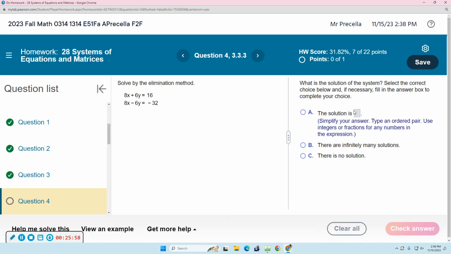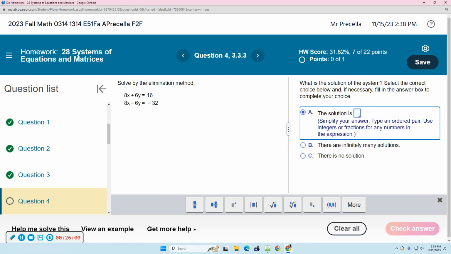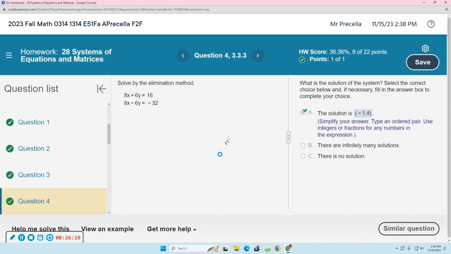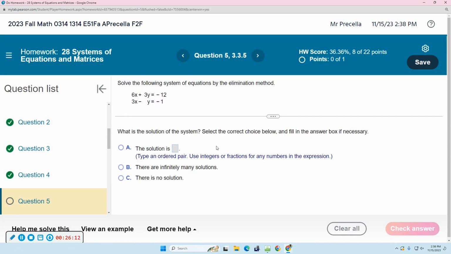And the natural question, I guess, to ask is, well, wait a minute. What if it isn't just tailor-made like that? Well, let's look at number 5. If we just add vertically on number 5, are we going to get one of those variables to cancel out?